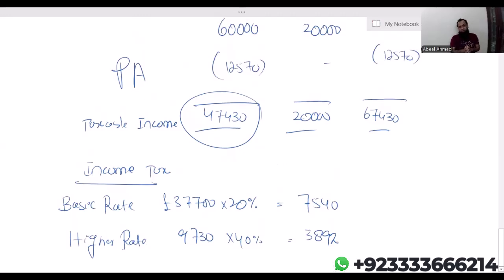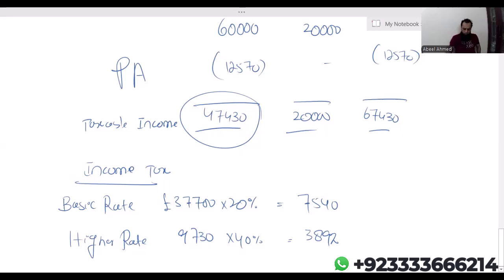If the total taxable income, not from one source, I'm saying from all the sources of income, is more than 37,700, then that individual is a higher rate taxpayer, provided that the overall income does not exceed 125,140. Because if the total taxable income exceeds 125,140, then that individual is an additional rate taxpayer.